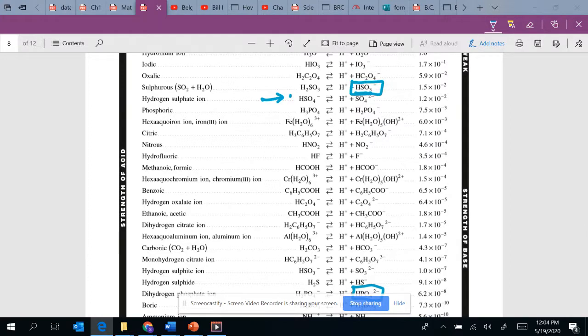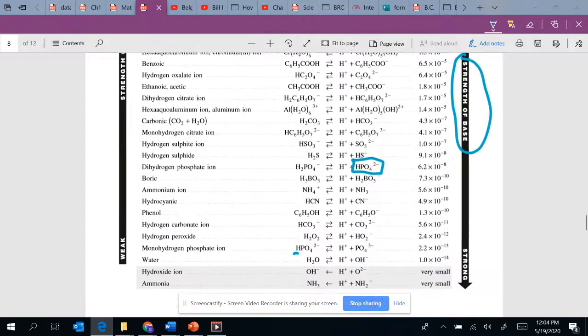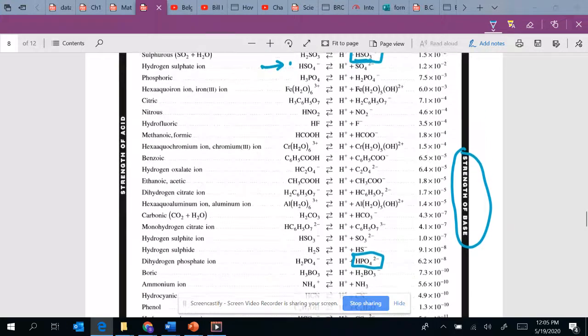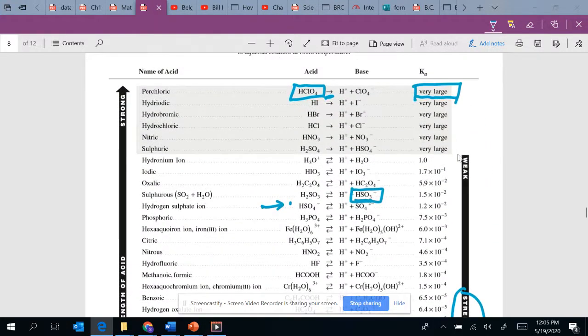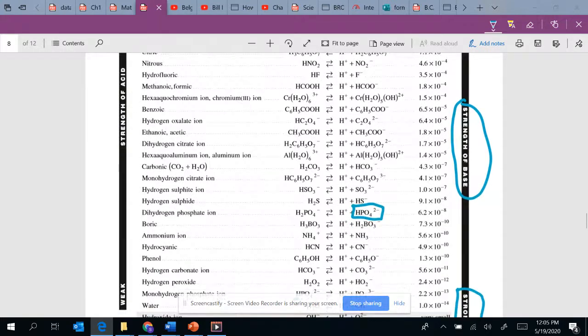Now, if we look right here, strength of the base, the further you go down is stronger. Okay, so HPO4 2 minus is stronger than HSO3. This one's very, very weak. Okay, and these ones up here are not even considered bases because they cannot be.